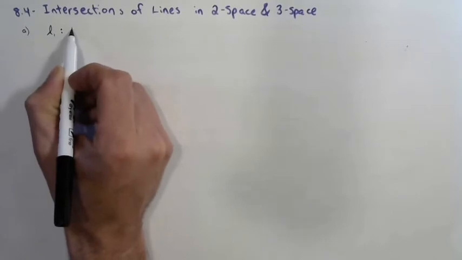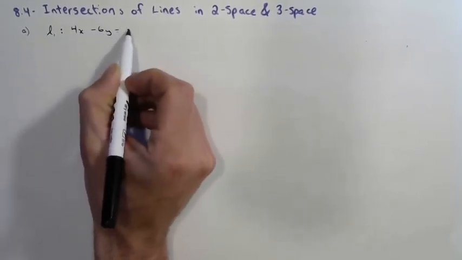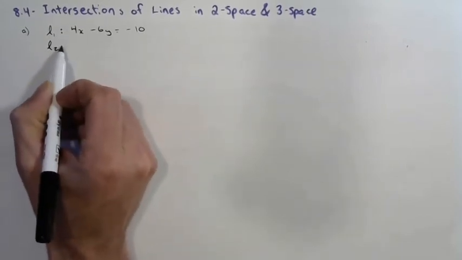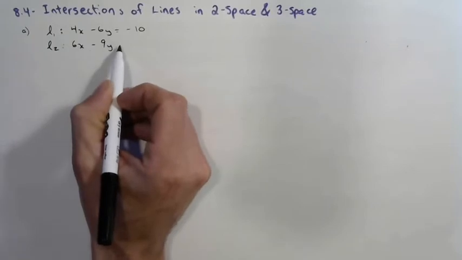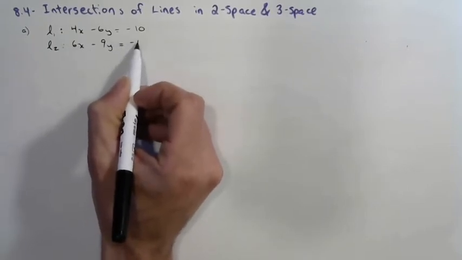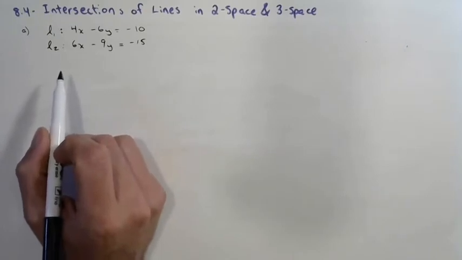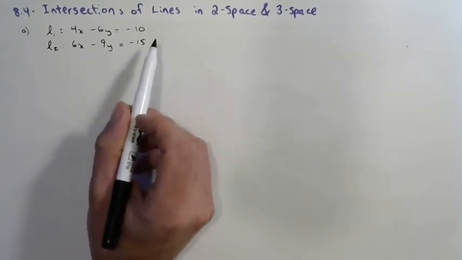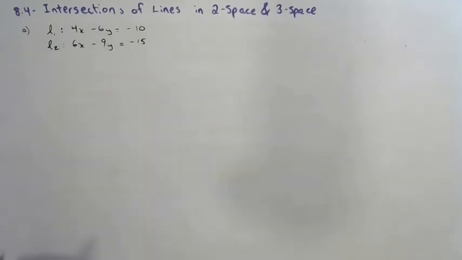Line 1 is 4x minus 6y equals negative 10. Line 2 is 6x minus 9y equals negative 15. So what we would do here is multiply both equations by a different factor in order to get the same coefficient in front of either the x or the y.